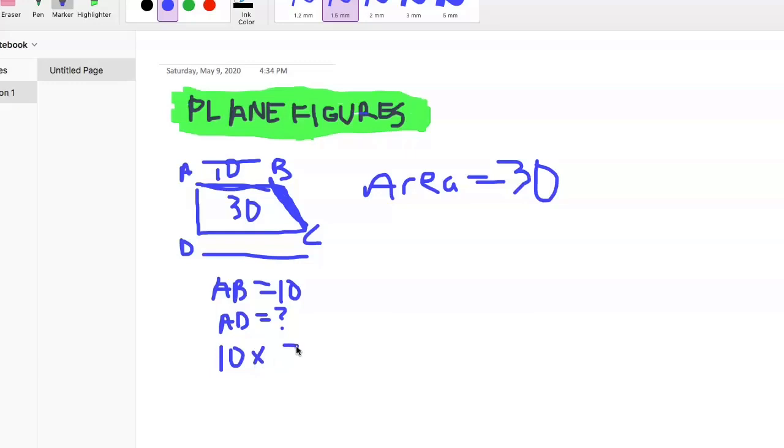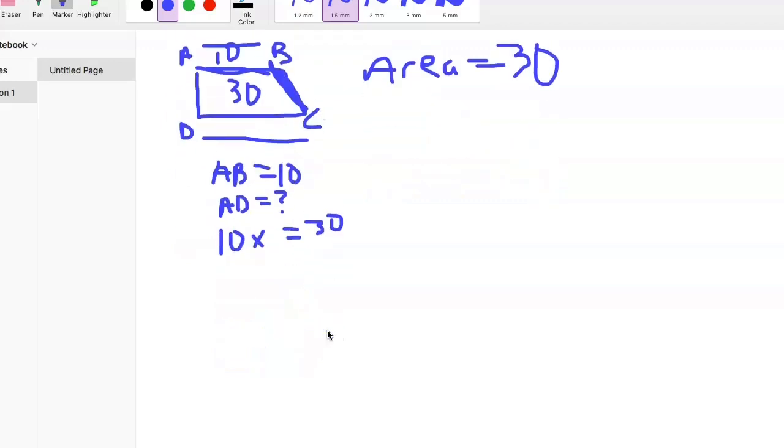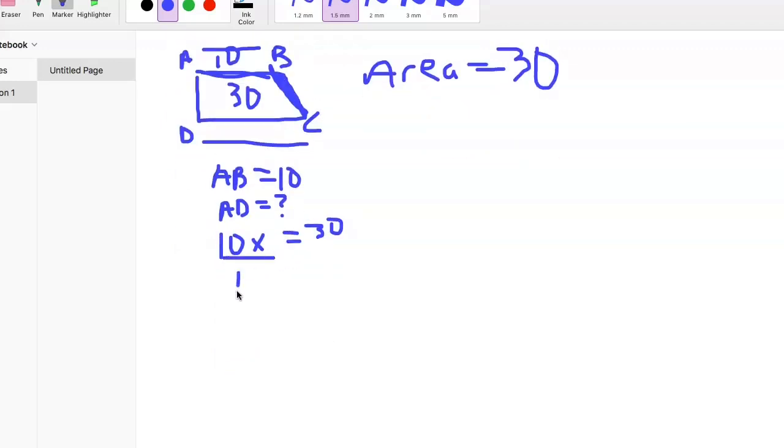We know when those two are multiplied together, you'll get 30. So from here, we just divide each side by 10, and X, which is line AD, is going to be 3, because 30 divided by 10 is 3. So that means that line AD equals 3.